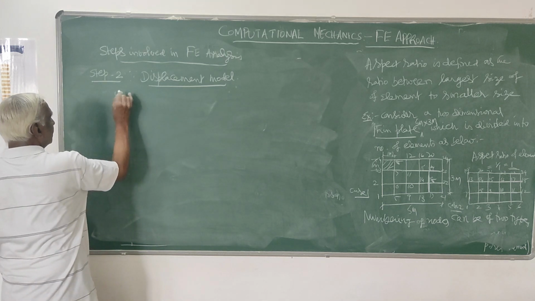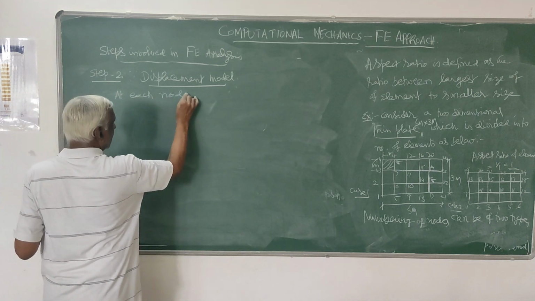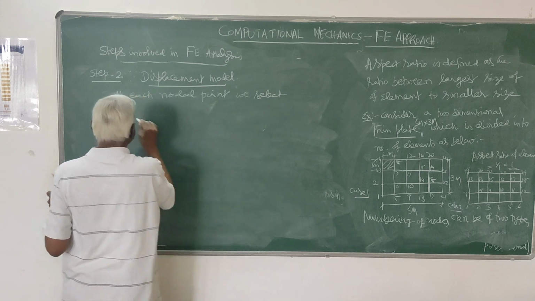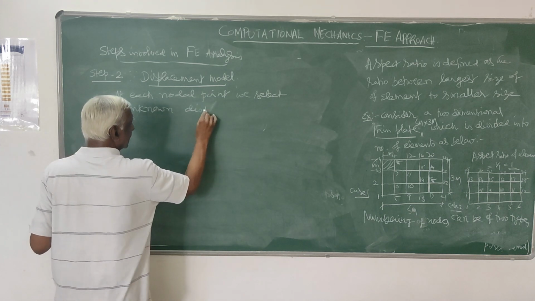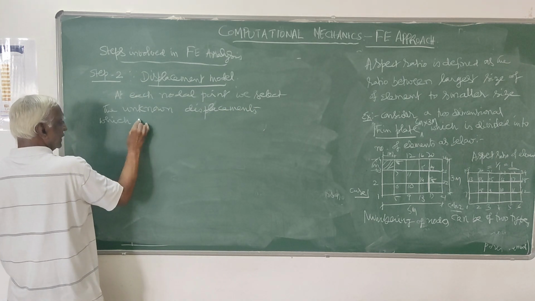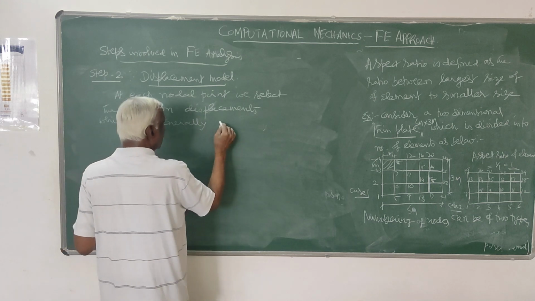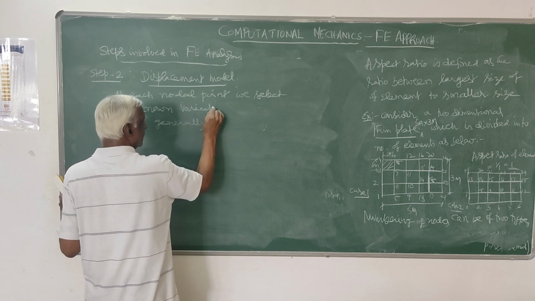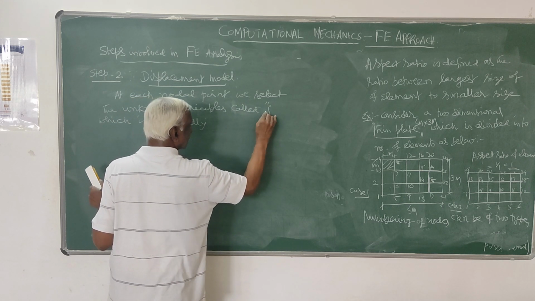So, at each nodal point we select the unknown displacements, which are generally unknown variables called field variables.